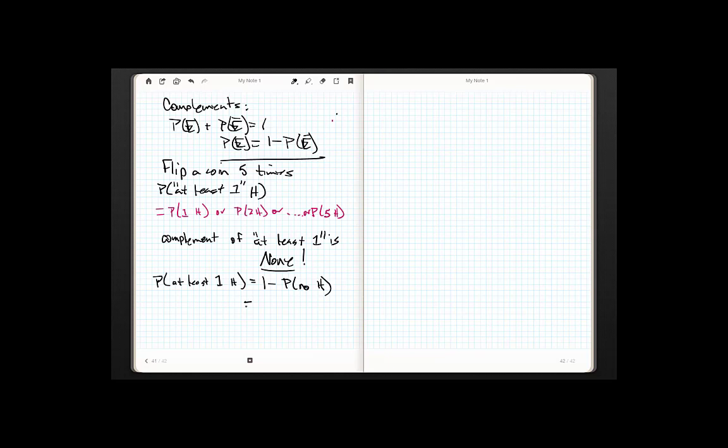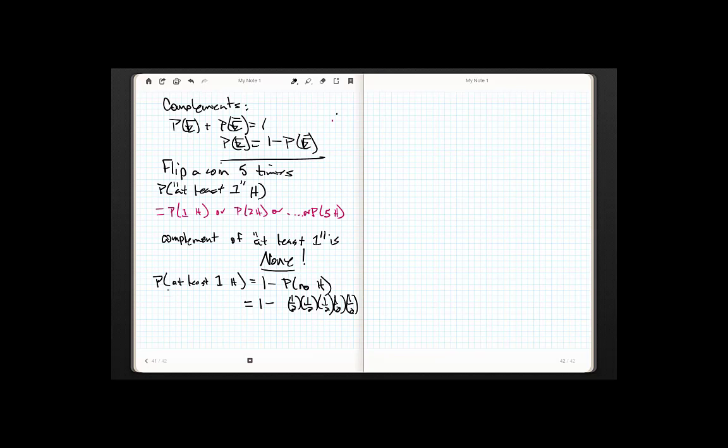So the probability of flipping no heads out of 5 coins is flipping a tail on the first, a tail on the second, a tail on the third, a tail on the fourth, and a tail on the fifth. These are all the probabilities of flipping tails, which is the complement of a head.